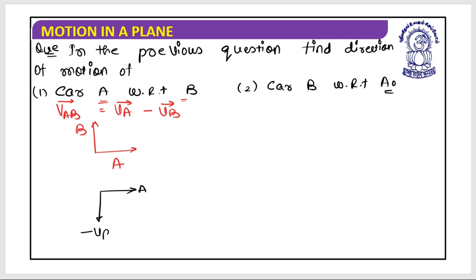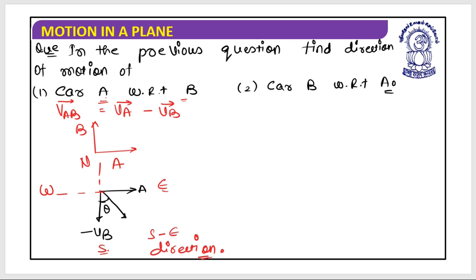It's a negative vector of B. The resultant of these two must be in this direction, at an angle theta. According to the directions, this is NEWS. So the motion of car A with respect to B is in the southeast direction. Is it clear?